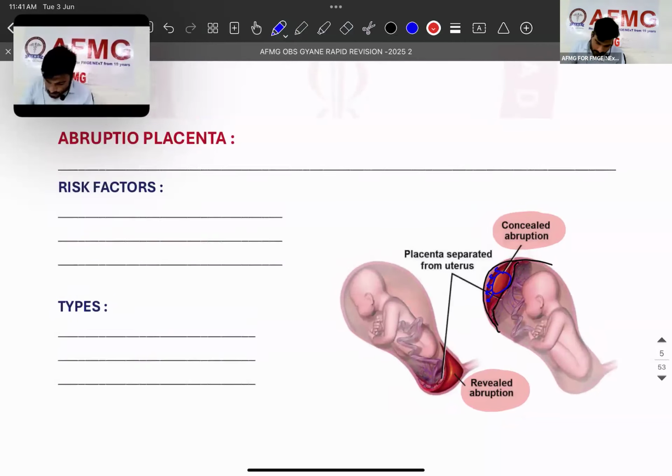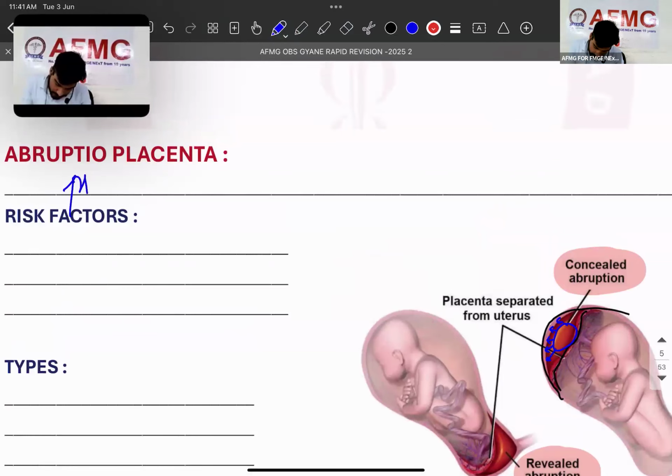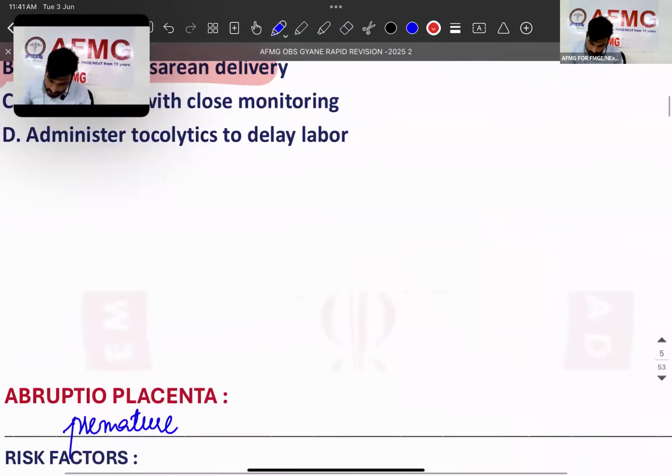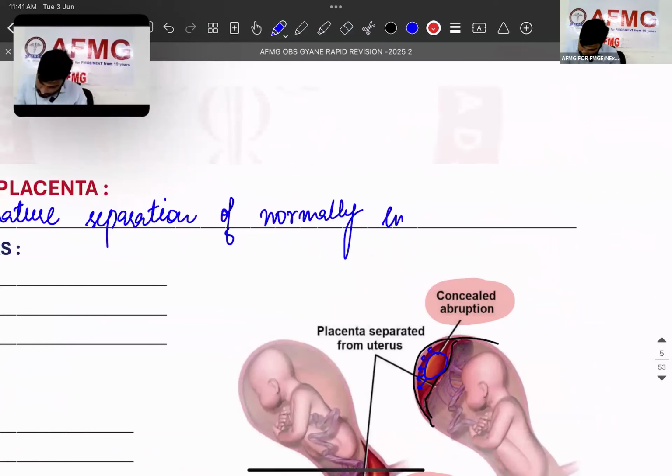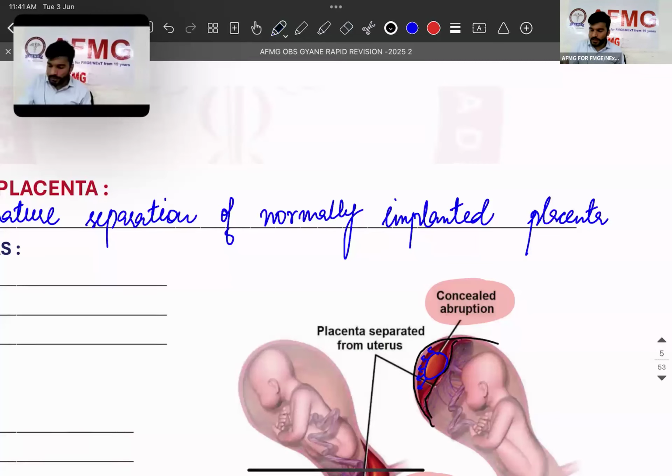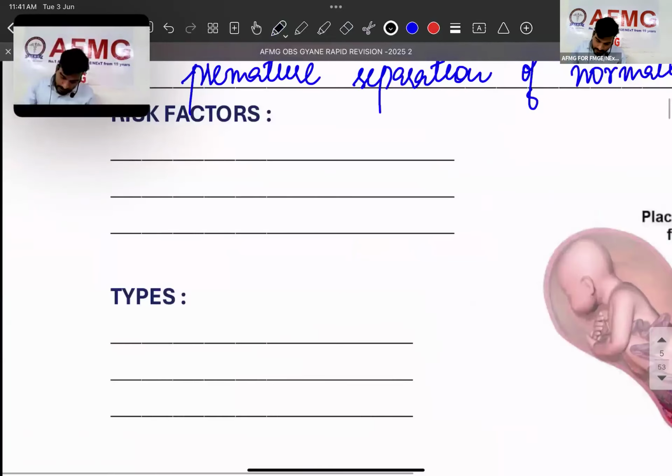Now, abruptio placenta means premature separation of normally implanted placenta. Then, what are the risk factors?